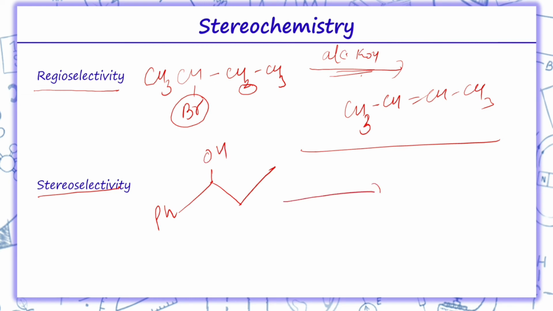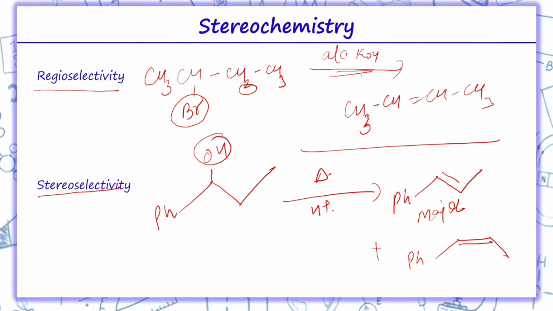When we heat it in the presence of H plus, this OH is removed as water. So there will be two products formed over here, but one product will dominate over the other. So this is the major product formed over here. This condition is known as stereoselectivity, in which the pathway of lower activation energy is preferred or the most stable product is preferred.